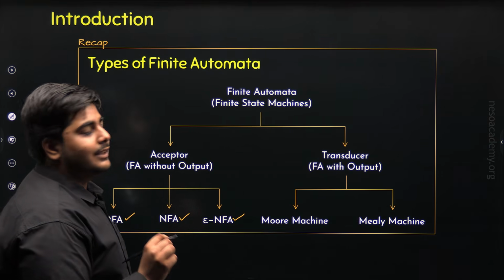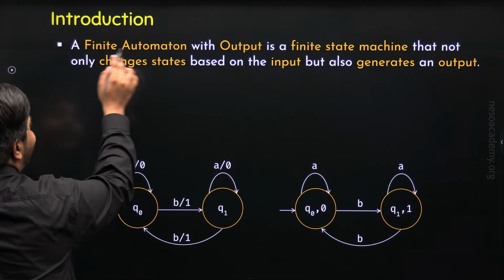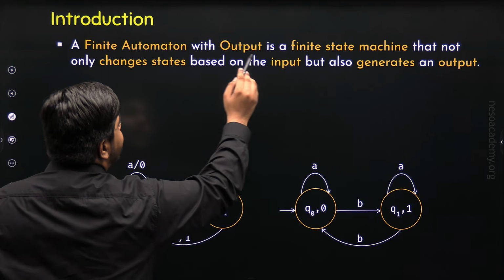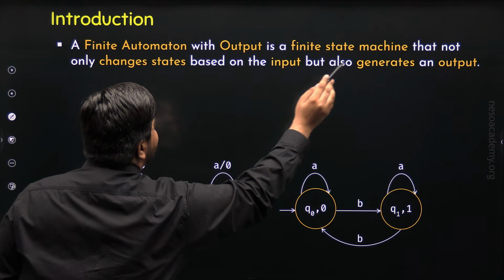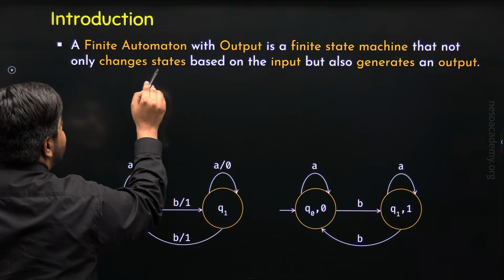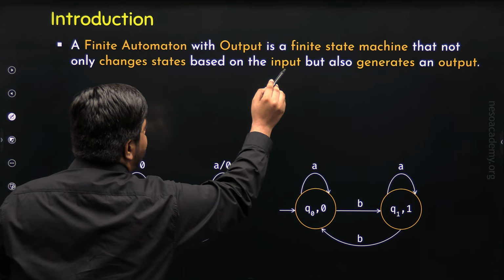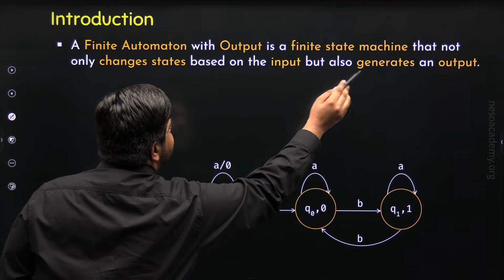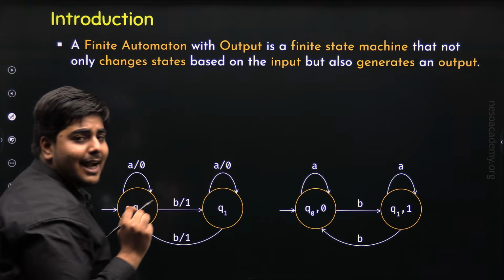So let's get started. A finite automaton with output is a finite state machine that not only changes states based on the input but also generates an output. What does that mean?